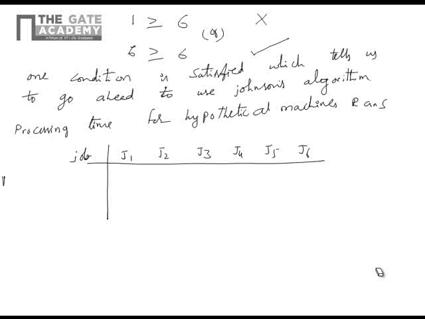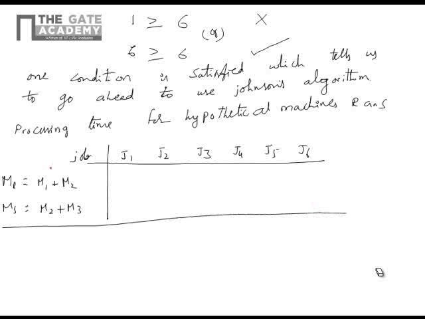Machining time of MR equals M1 plus M2, and MS equals M2 plus M3. So add the values accordingly.